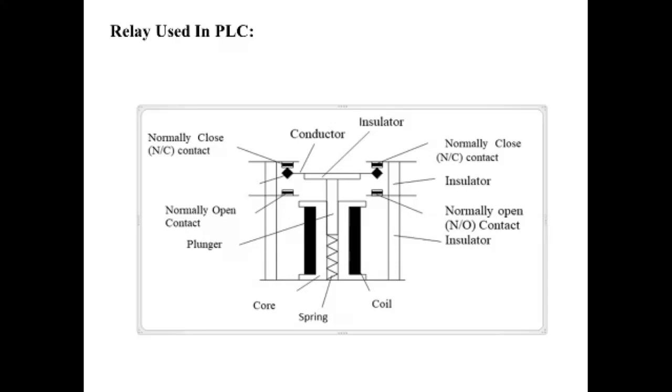Two fixed pairs of contacts are mounted to the relay frame on electrical insulators so that when the coil is de-energized, they physically touch the upper fixed pair of contacts, and when pulled towards the coil, the movable contacts touch the lower pair of fixed contacts.